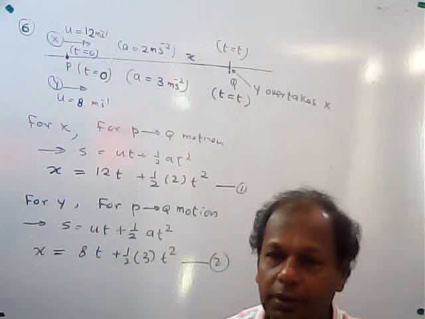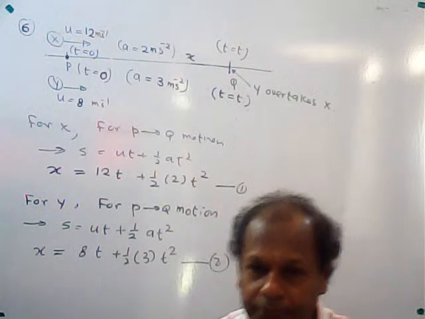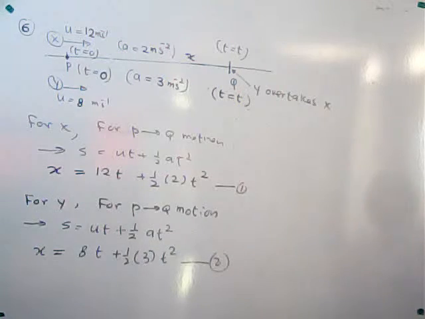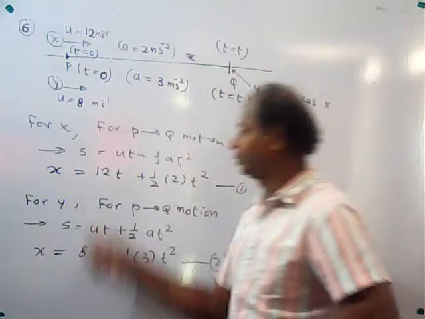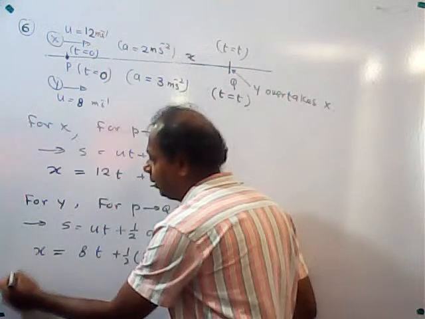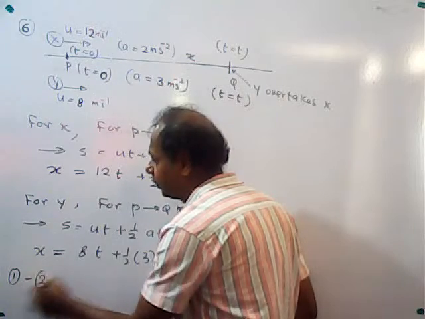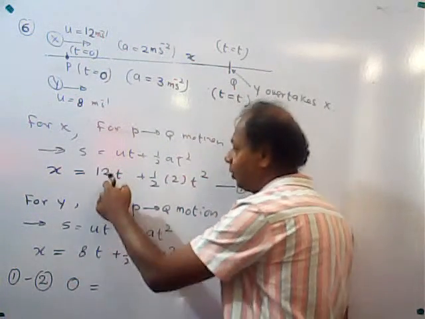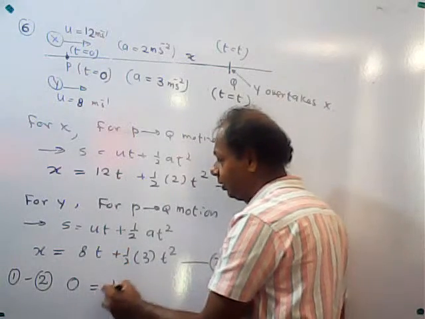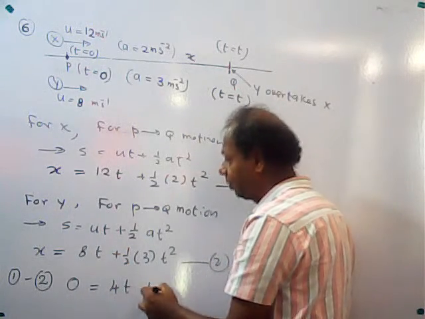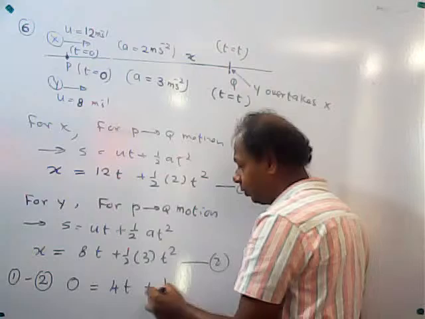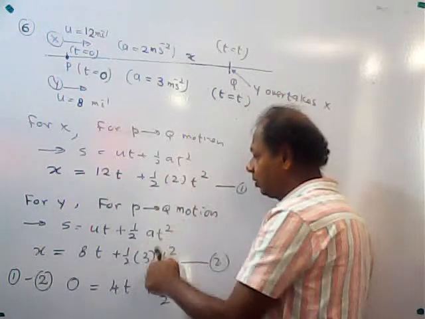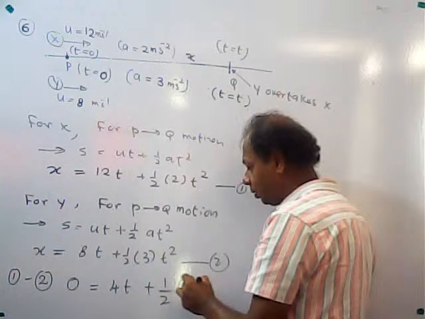If equations are correct, then you can solve them. Let's subtract to get rid of x. You can easily get rid of x by subtraction. x minus x is 0, 12 minus 8 is 4t, plus, take half out, 2 minus 3, so it's minus t squared.